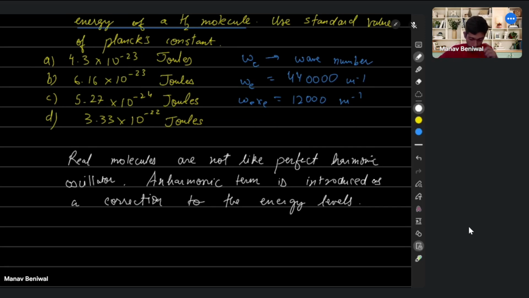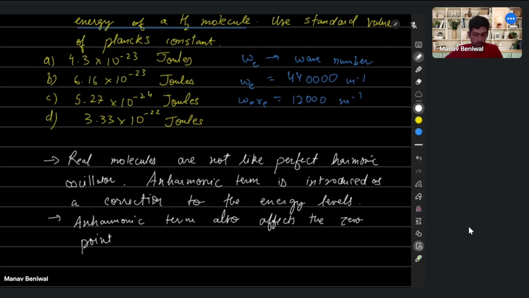So this is the first thing. Secondly, the anharmonic term also affects the zero point energy. It is not that the zero point energy is determined only by the harmonic term, which we could then simply write as half h c omega.